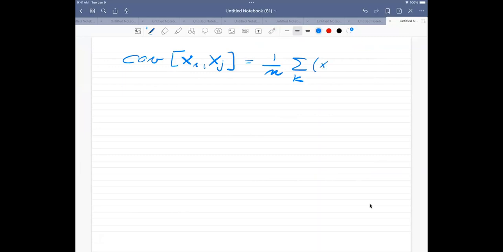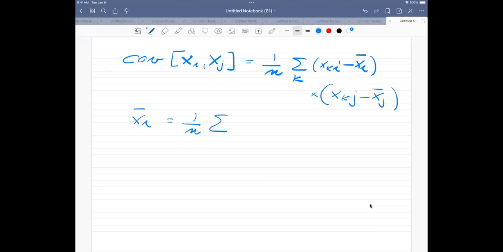So we have a row xk of i minus xi, the average value. I'm going to define these quantities in more detail. And this is multiplied by xkj minus xj. So the x of i is now the mean value for each column. So it's a sum over xk of i.